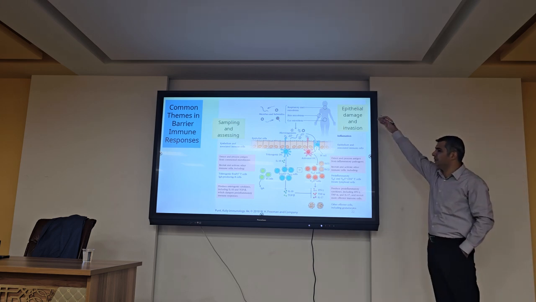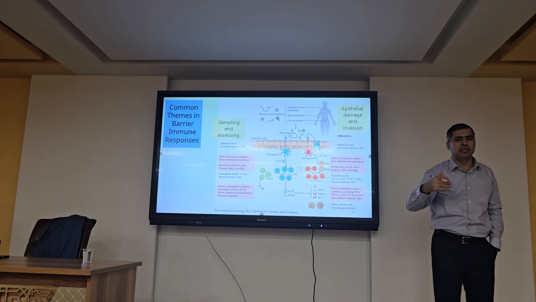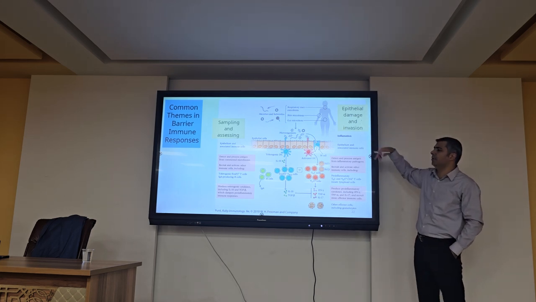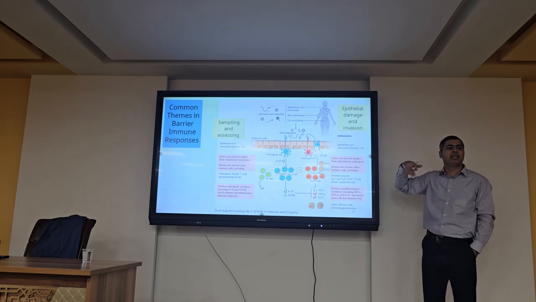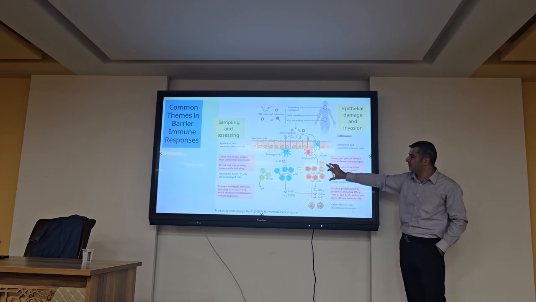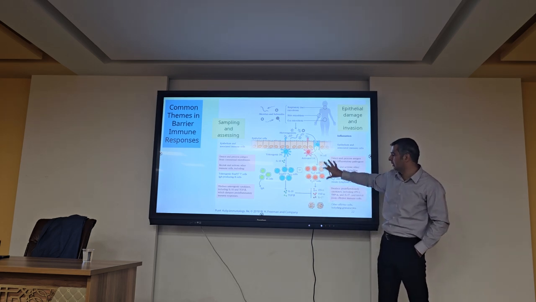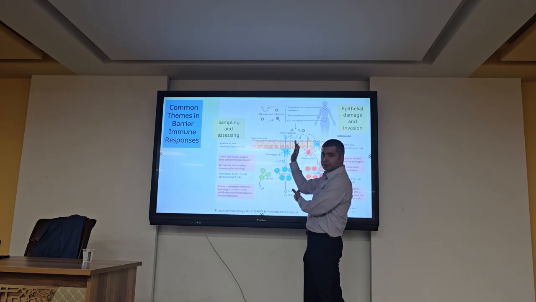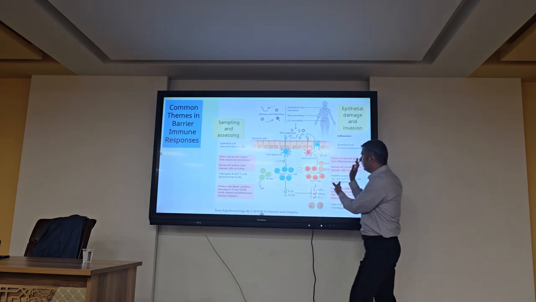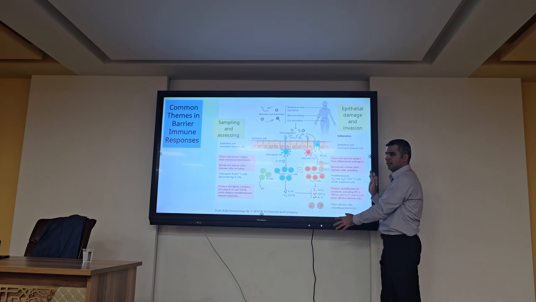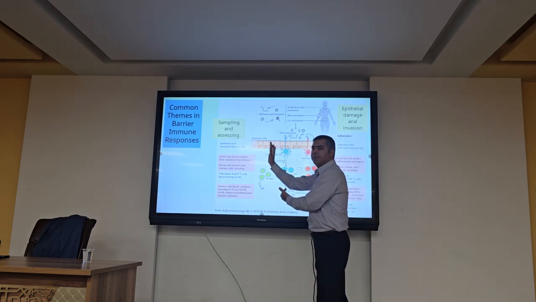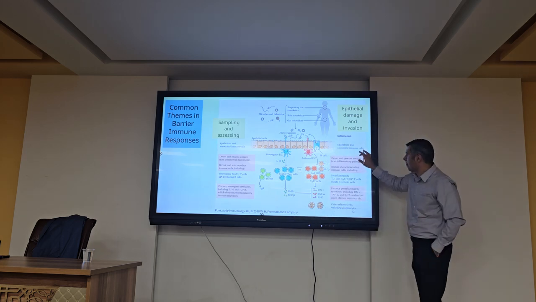So whenever we have epithelial damage, it means that there is an abnormal event there. With epithelial damage or any abnormal situation, mainly induced by pathogenic microorganisms, we will have activation of inflammatory cells and inflammatory cytokines. Here we have the inflammatory state. Most of the time, we have an anti-inflammatory response.